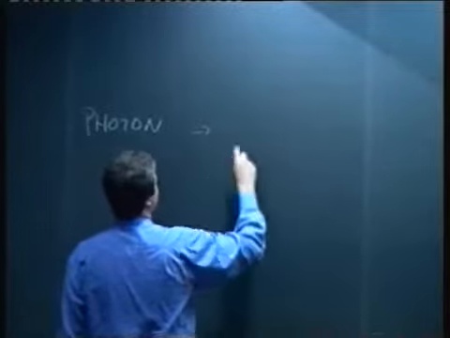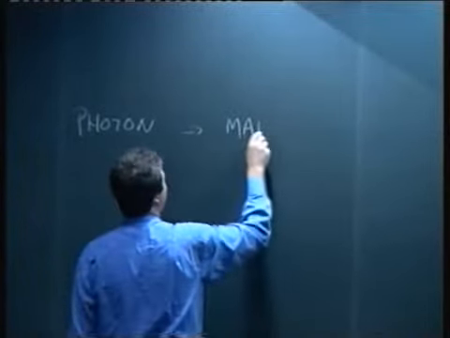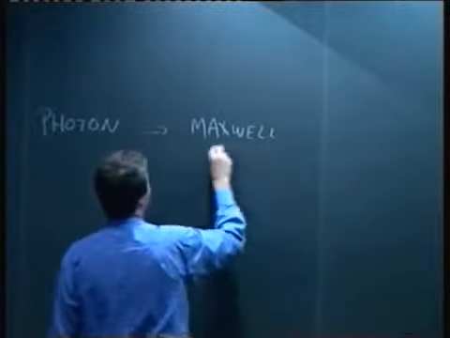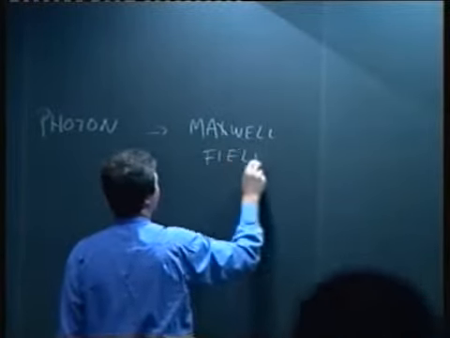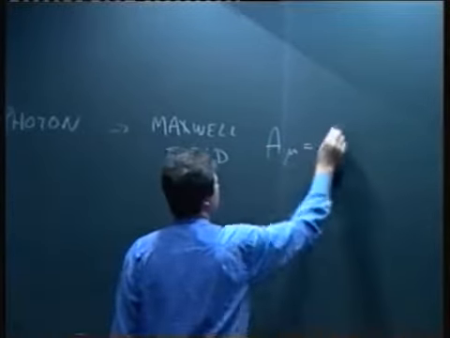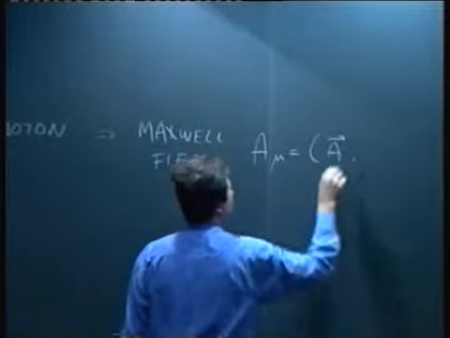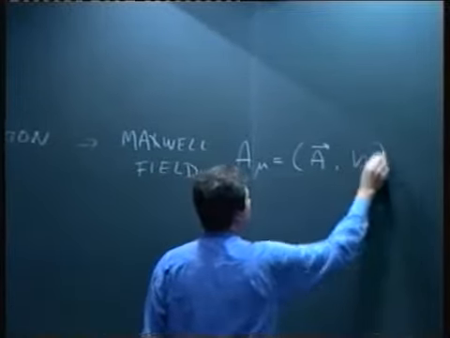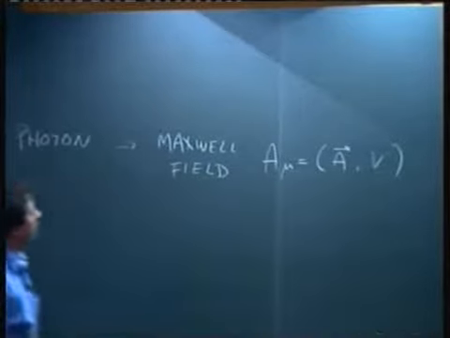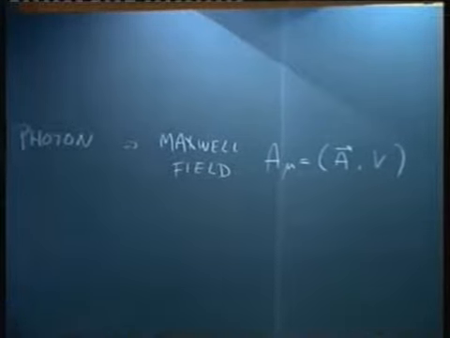So it is actually the Maxwell field A mu, which combines the vector potential and the scalar electric potential.